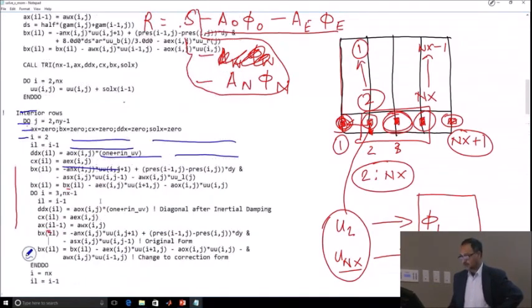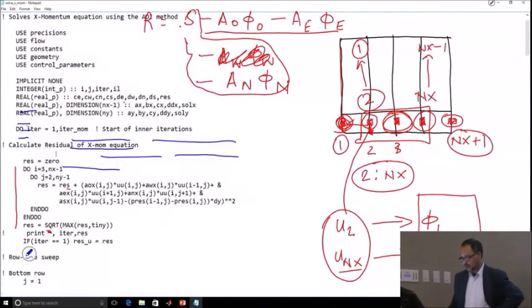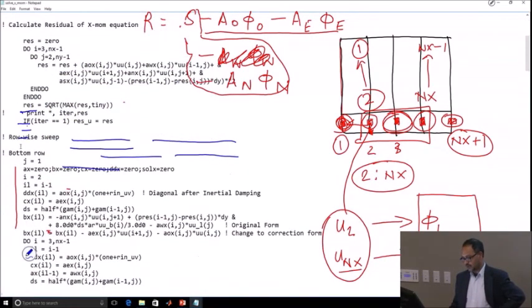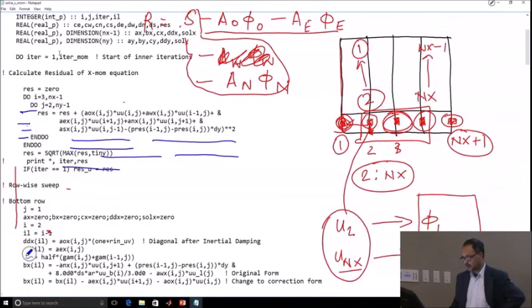Okay, now here I have at the very top, I'm saying right here, I'm sweeping that many number of iterations, and that number had been set to 2. If you recall, okay. Now, the way I'm counting it is I'm not counting row-wise sweep as 1 and then the column-wise sweep as 2.